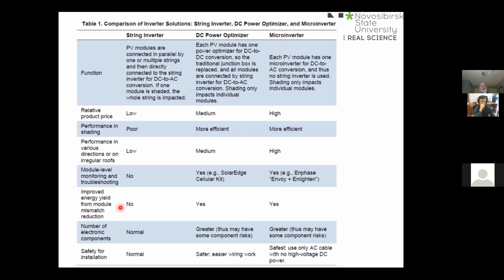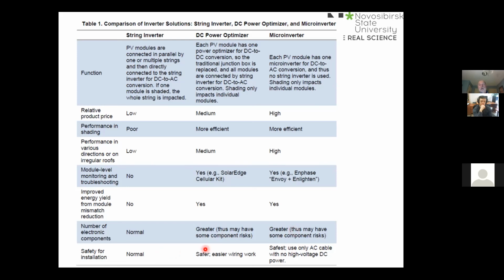And clearly that is a problem when you have a string inverter, but it's not a problem if you have a microinverter. And of course, the number of electronic components correlates directly with the cost of the various options. And we know now that the string inverter is the cheapest, the optimizer the next, and the microinverter the most expensive.